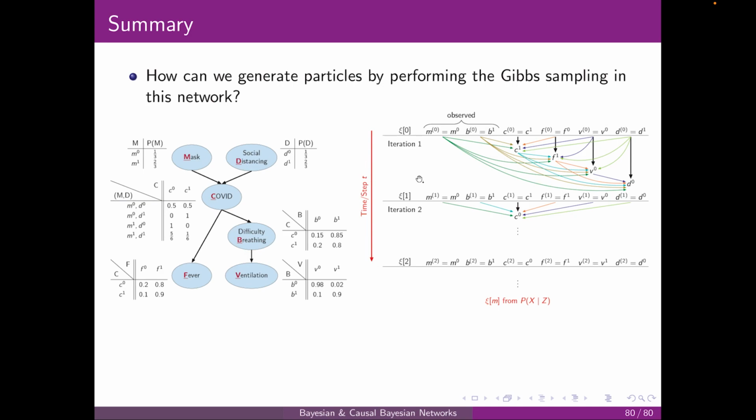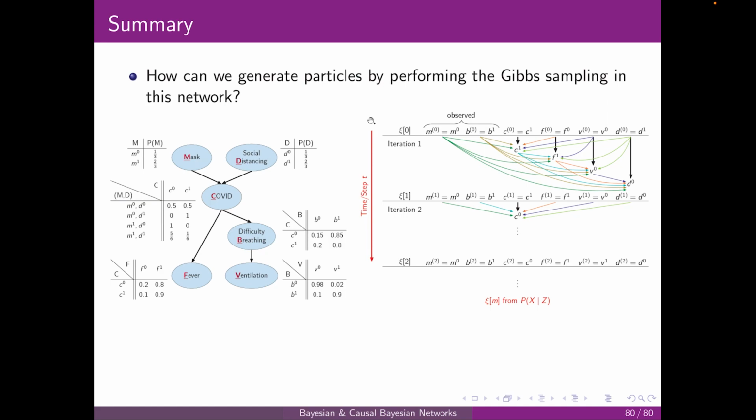And to summarize, how can we generate samples based on Gibbs sampling? This is the Bayesian network. We get the initial particle from some method, and then we update the variables one by one based on some order. We get the first iteration, redo that based on the updated values that we get. We put them in, they will form our first particle, and then we go to the second iteration and so on.